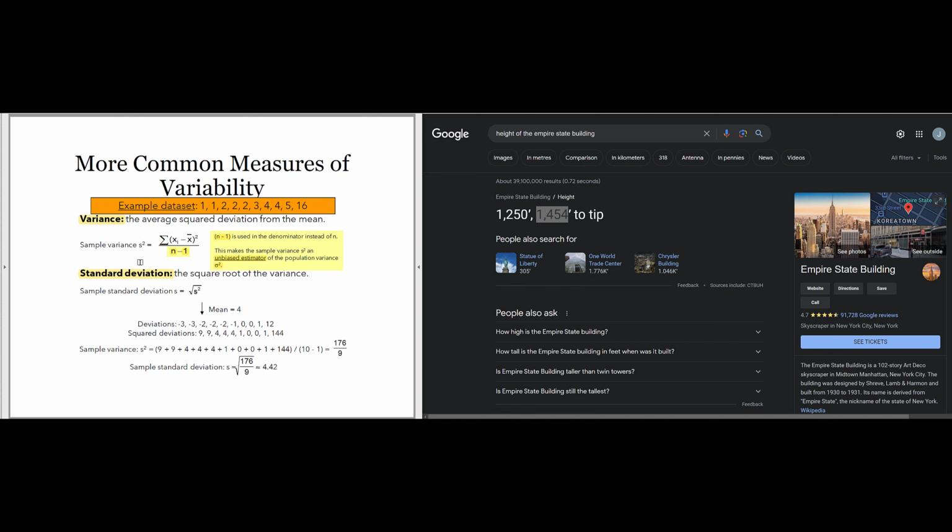If you only have one observation in your sample, then the variance just blows up. It can't be computed. So it's ridiculous to even talk about the variability of the heights of skyscrapers given that you've only provided me with the height of one building. Okay, so that's kind of ludicrous.